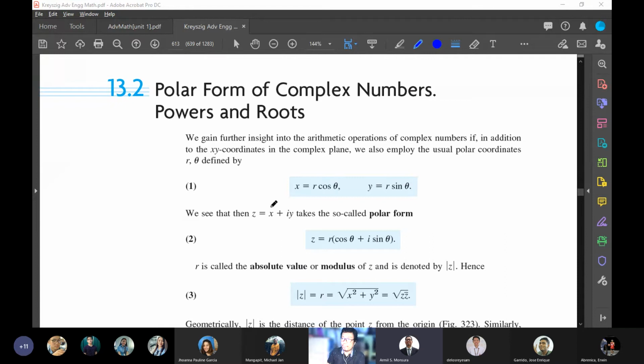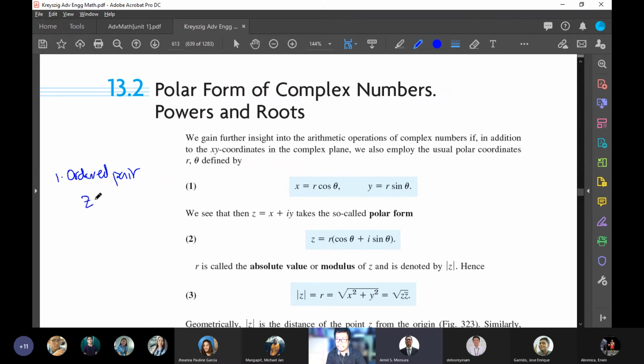Okay, now let's proceed with the polar form of complex numbers. So, recall na meron na tayong dalawang forms of complex numbers that we were able to study. Number one is yung ordered pair form. Sulat natin.